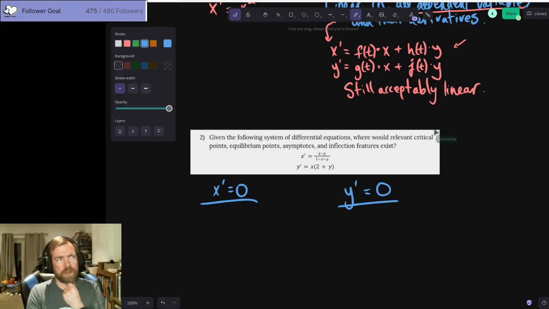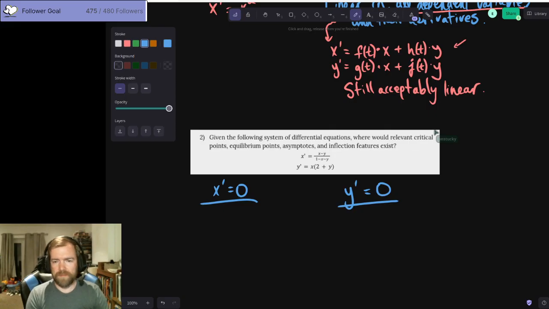But there is another class of features that come about from a slightly different result. So whenever we're talking in like Calc 1, right? What was the other instance of critical points that we were looking at? I guess non-existence.